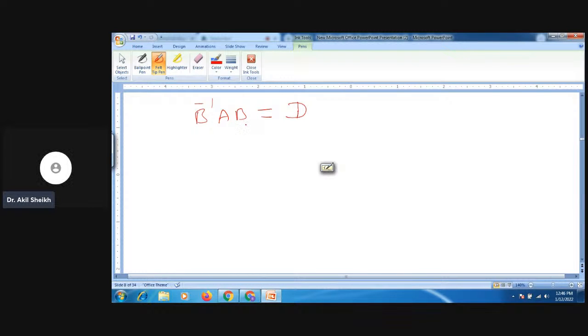Here B is the model matrix and A is the given matrix. D is the diagonal matrix.